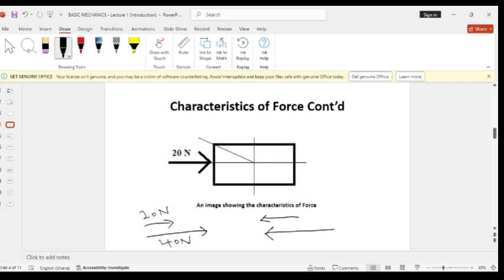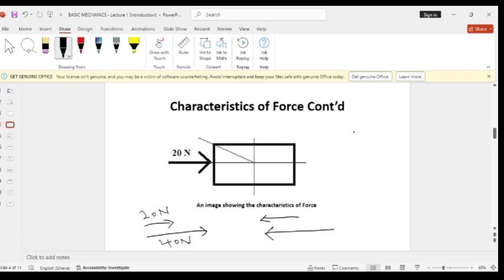For example, in this diagram we have the magnitude 20 moving horizontally, so we can say this one is at 0 degrees or 180 degrees because it's horizontal. However, assume that instead of being applied horizontally, it is applied vertically.